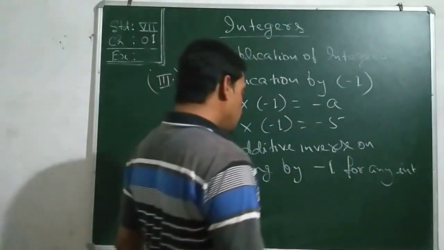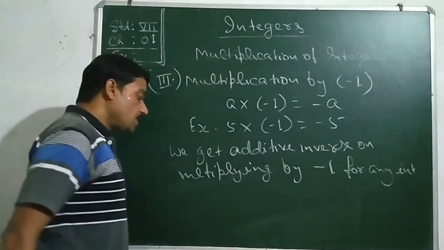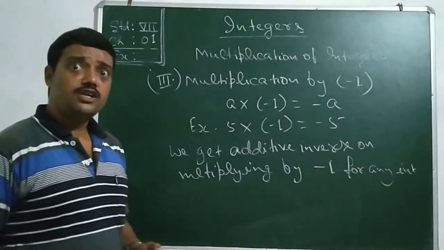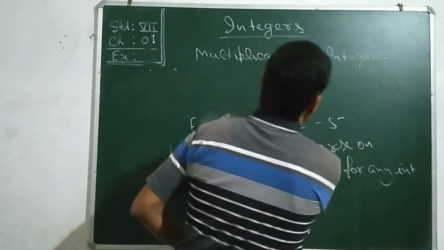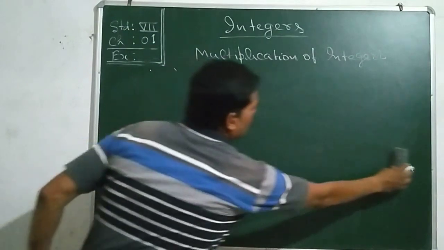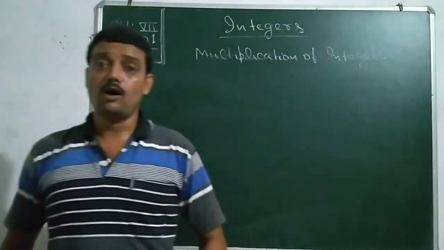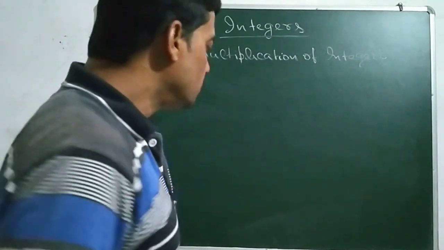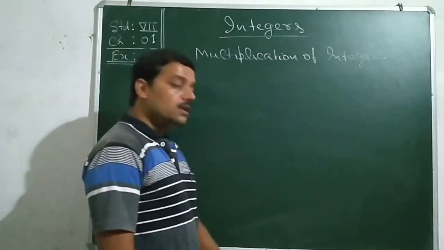Now another thing, that is associativity of multiplication. Fourth. As you had learned about addition, addition is associative.